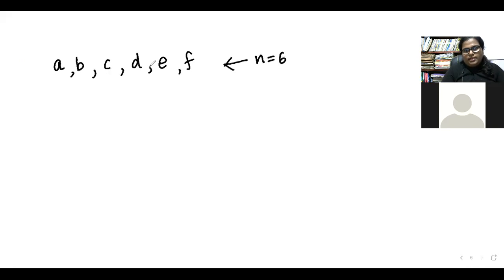Okay, here we have 6 objects A, B, C, D, E, F. That means we have n equals 6 objects here.